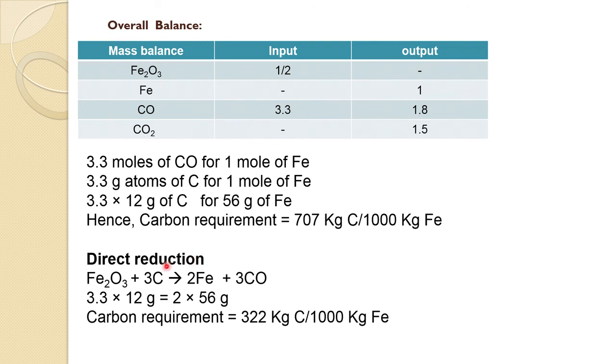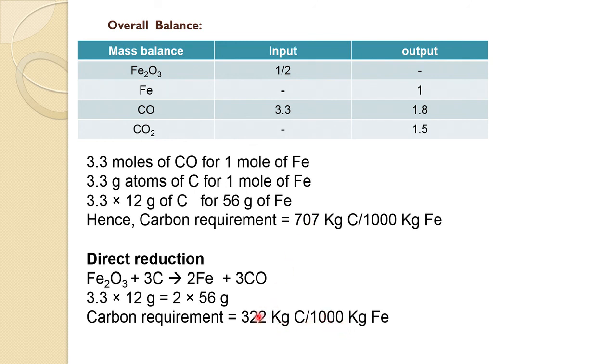Now, if we go to direct reduction, as we talked about this equation, you can directly calculate how much coke is required for 1 ton of iron. You get about 322 kg of carbon for 1 ton of iron.